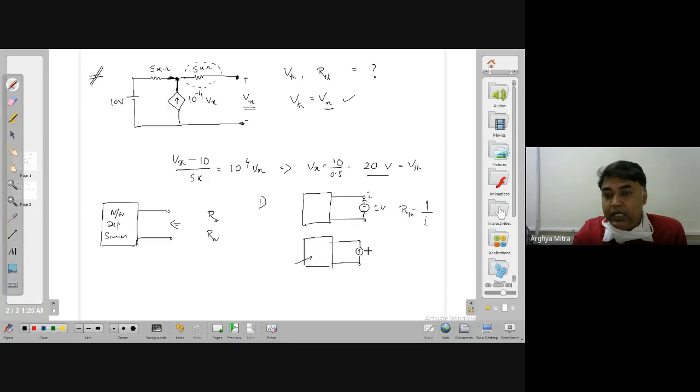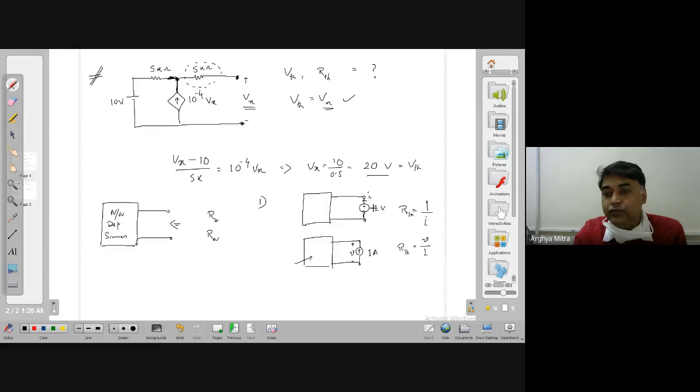You are putting a known current source at the terminal, and then find out what is the voltage across the terminal, or rather the voltage across this current source. If it is V, then your RTH is equal to V by the known current source value. Okay, so I deliberately chose this 1 ampere and 1 volt for the simplicity of the computation. You can make it 100 or 10 or anything of your choice.